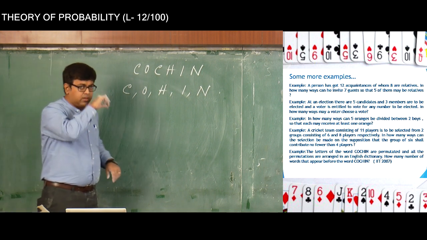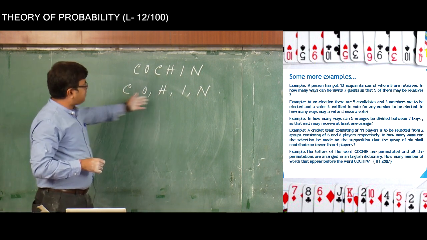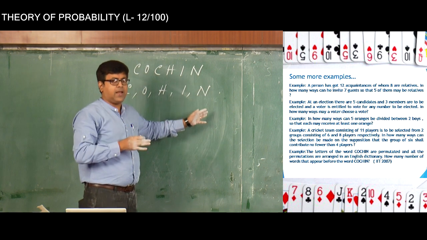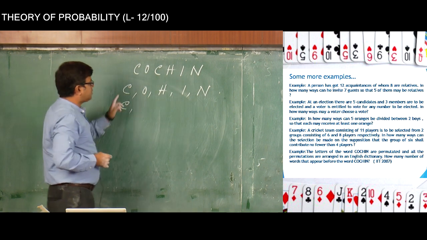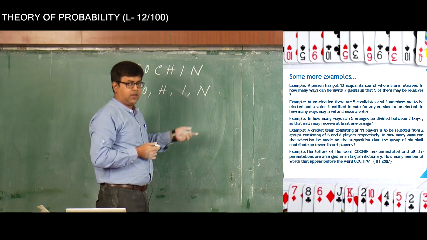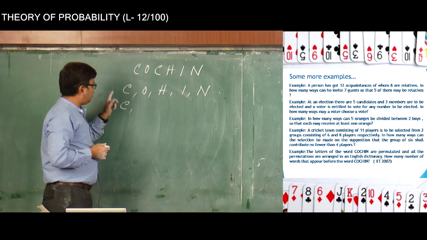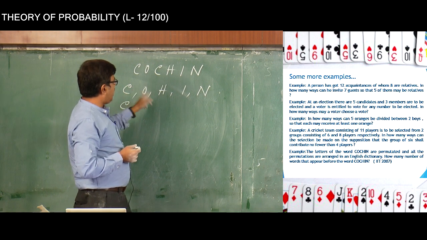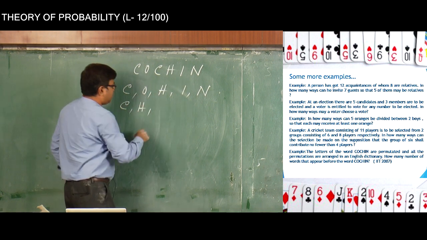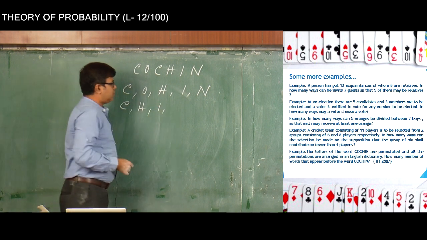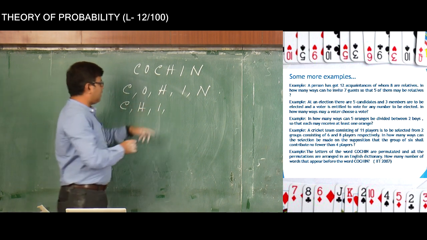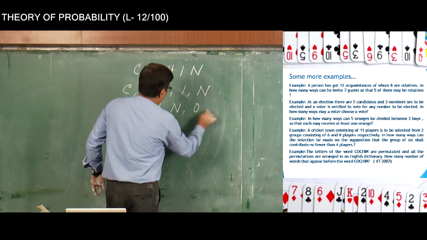Now, if you want to arrange these letters alphabetically, what should be the first letter? Obviously C. Then after C, what should be the next letter? After C comes D, E, F, G, H, so H will come, then I, then J, K, L, M, N will come, and then finally O will come.